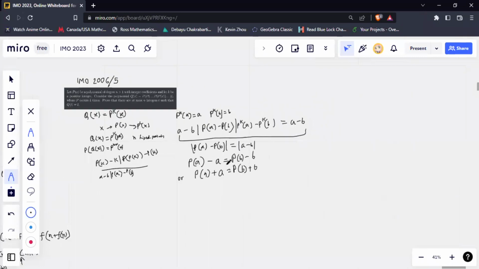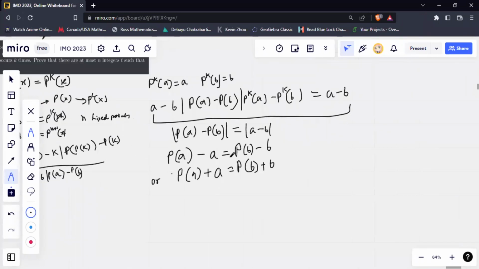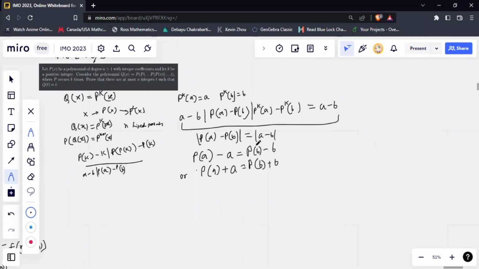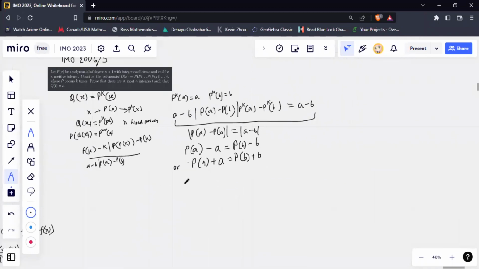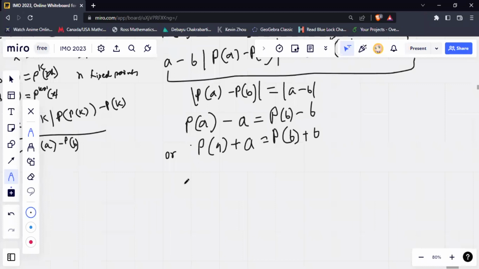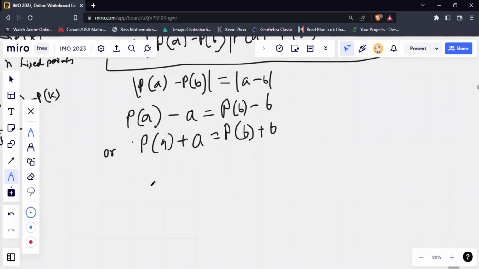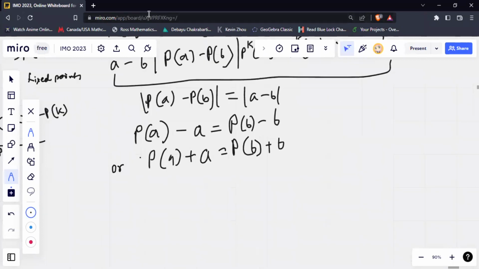So either this or this is true. Maybe both of them are true. So what if we multiply this? So P of a minus a should be equal to P of b minus b. Sorry, I didn't follow you. We basically just get that P of a minus a equals P of b minus b. Wait, wait.